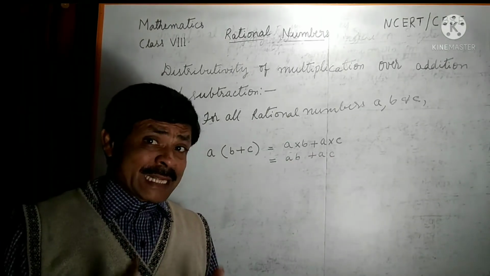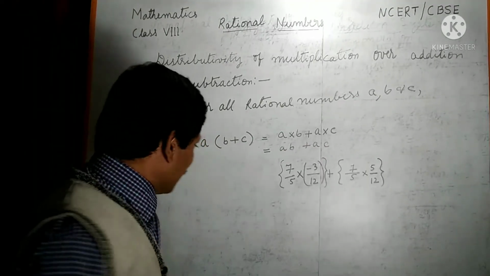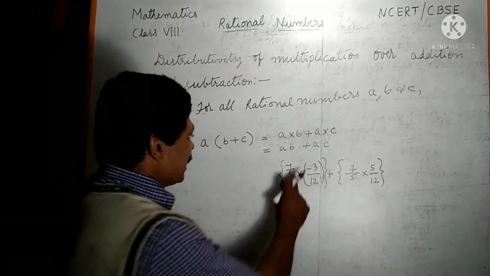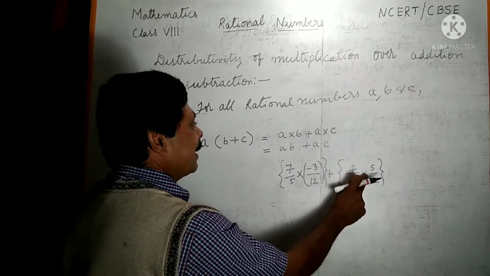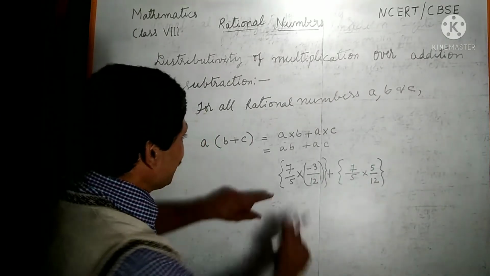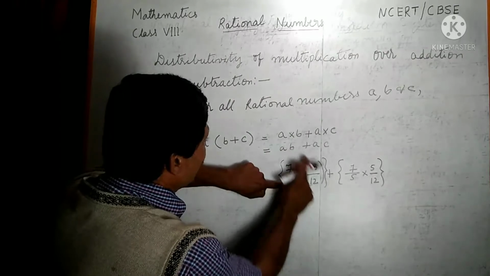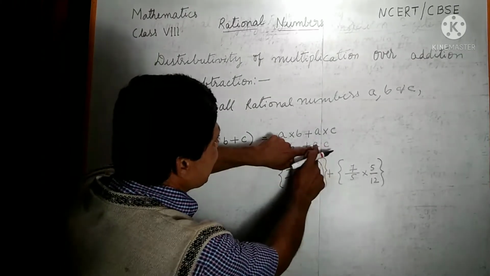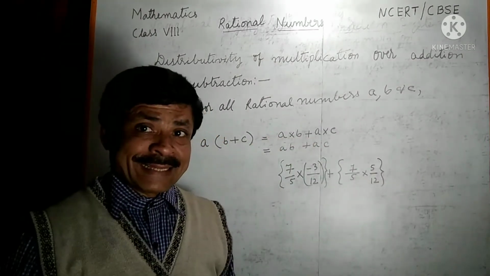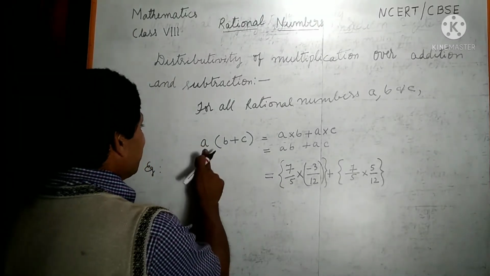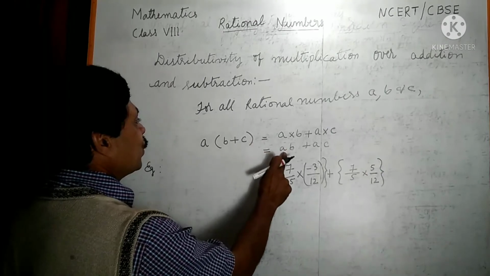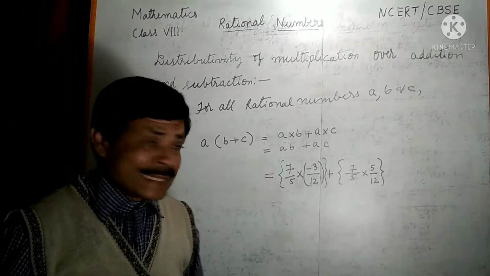Let us understand the concept better with an example. Now let us go to the example. 7 by 5 into minus 3 by 12 plus 7 by 5 into 5 by 12. Here a into b plus a into c. Now we have to prove that a into b plus c is equal to ab plus ac.